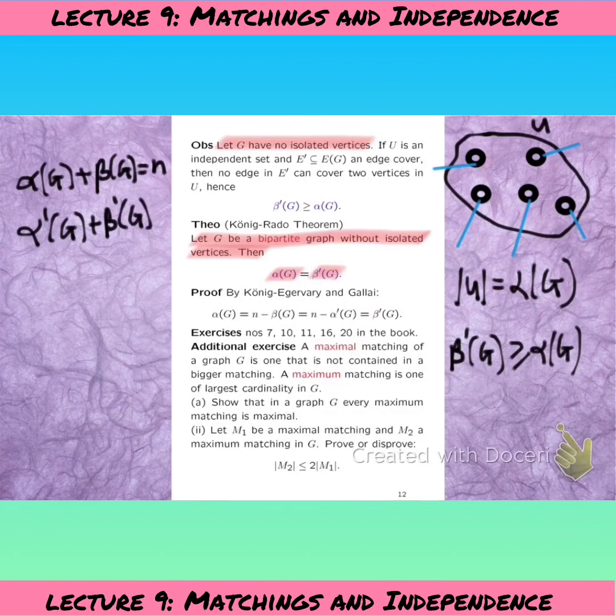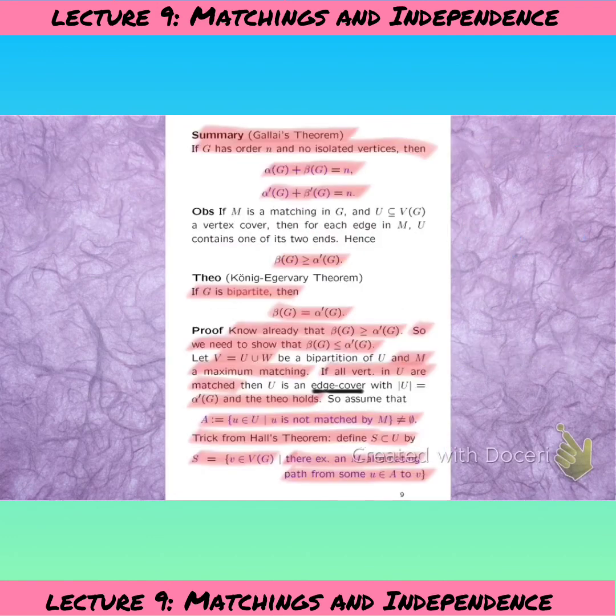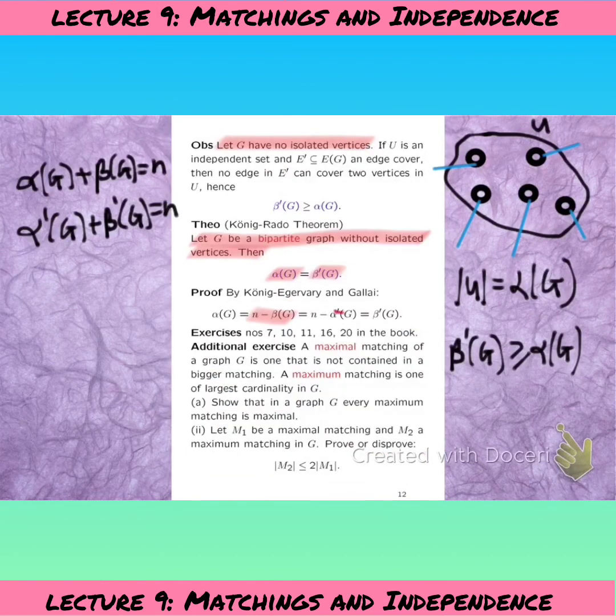We proved that for graphs without isolated vertices. Right, so we proved that alpha of G is then n minus beta of G. We proved that beta of G is equal to alpha prime of G. Okay, so we can do that replacement there. And then from this formula here, we get that that's equal to beta prime of G. Right, so we've got equality there in bipartite graphs as well. And that therefore concludes this section.